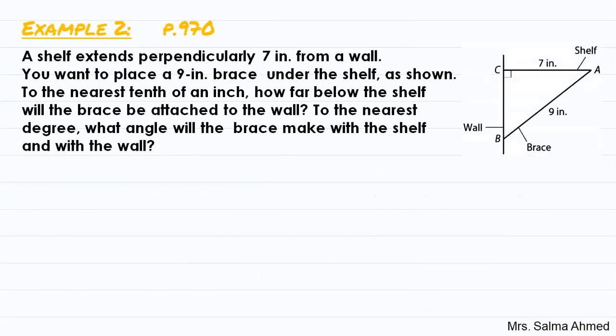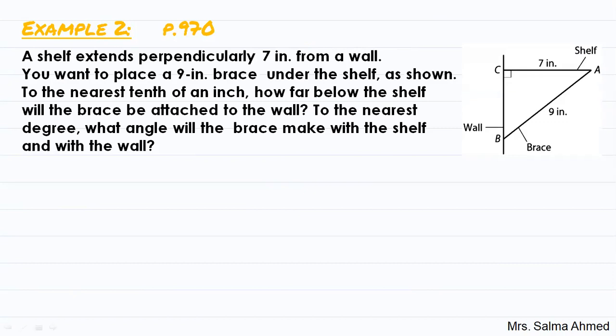Let's apply. If I have a shelf extend perpendicularly 7-inch from a wall, you want to place a 9-inch brace under the shelf, as shown. To the nearest tenth of an inch, how far below the shelf will the brace be attached to the wall? To the nearest degree, what angle will the brace make with the shelf and with the wall?